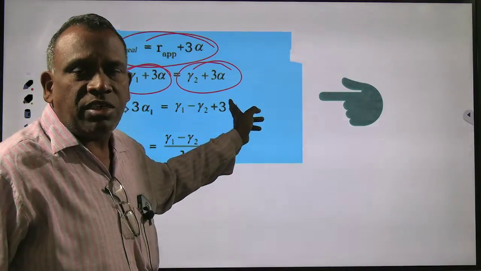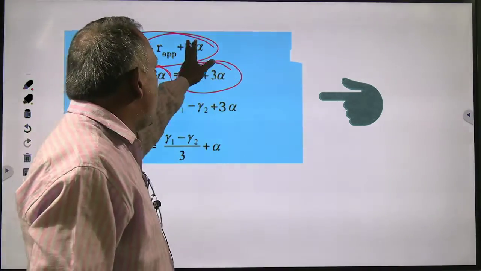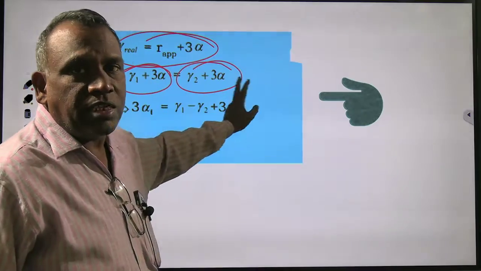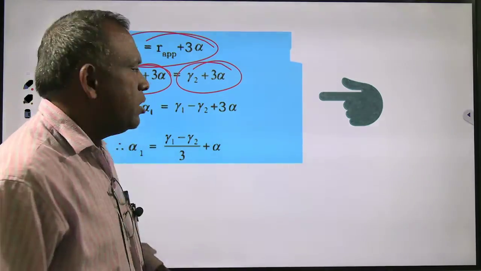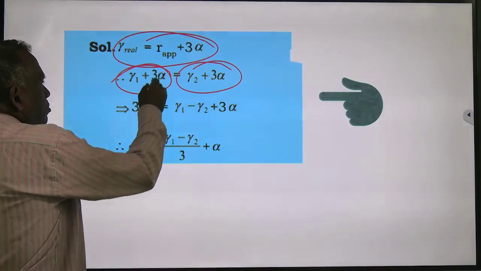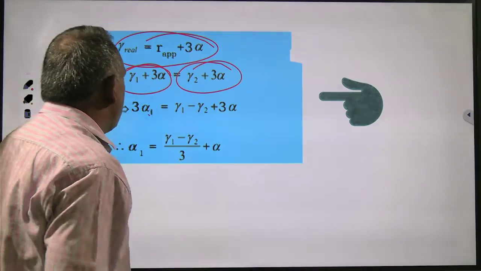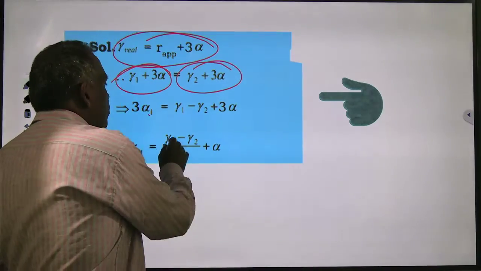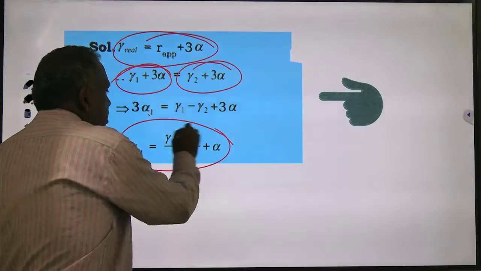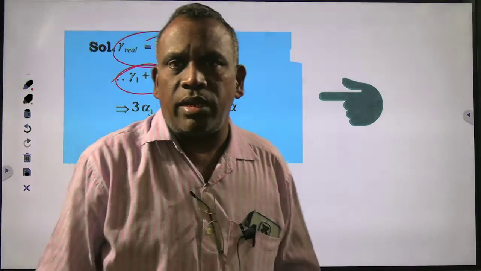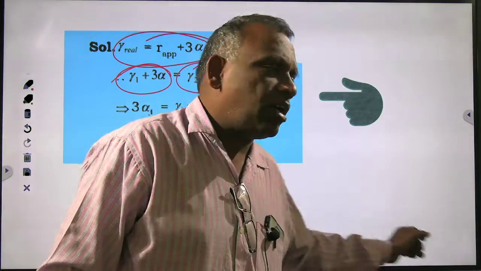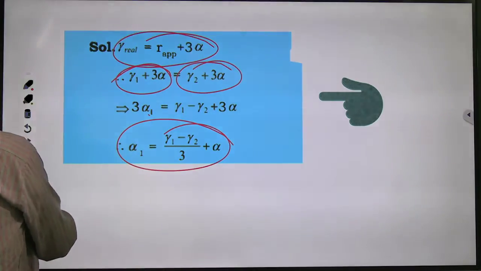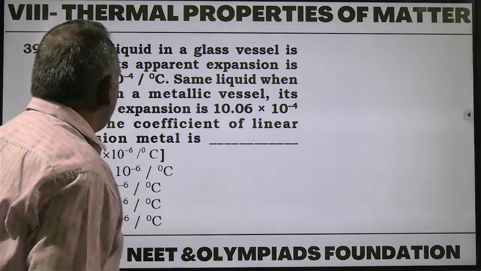Gamma 1 is the apparent expansion of the liquid in the first vessel, and gamma 2 is the apparent expansion in the second vessel B. From this, alpha 2 is equal to (gamma 1 minus gamma 2) by 3 plus alpha. You can solve it in this manner. That is question number 38.